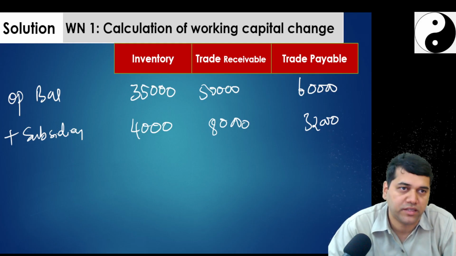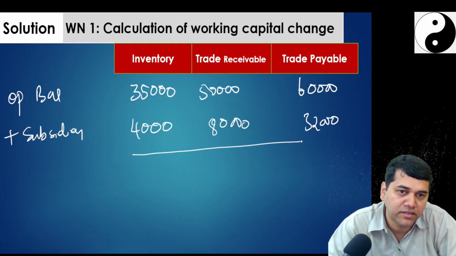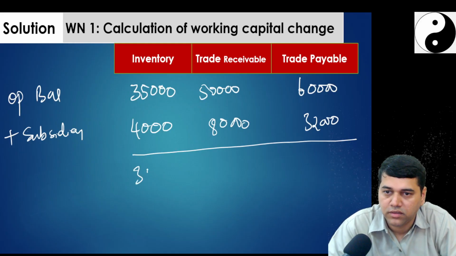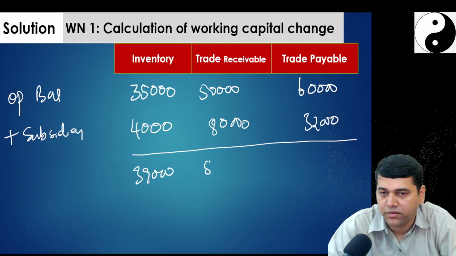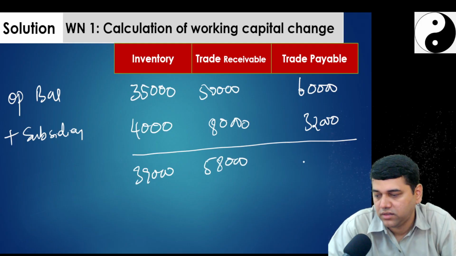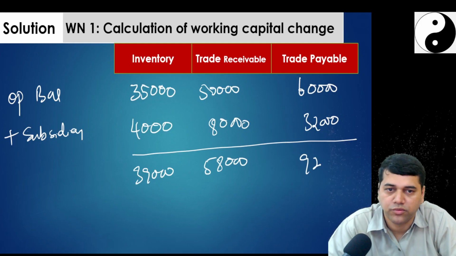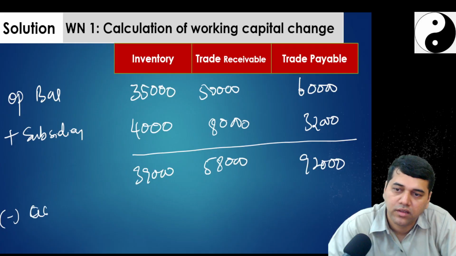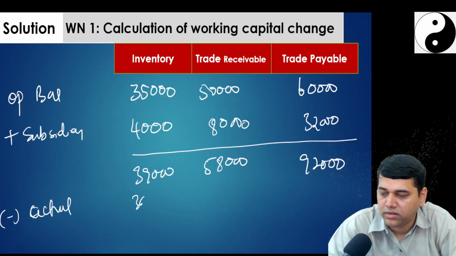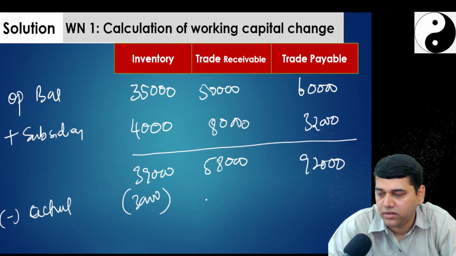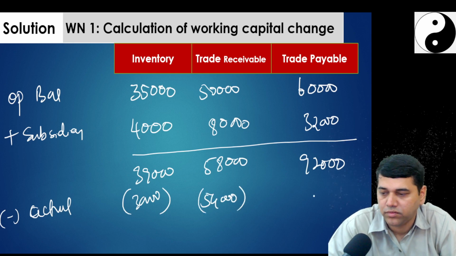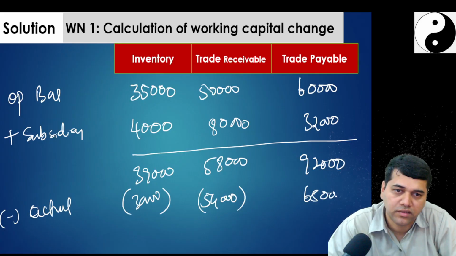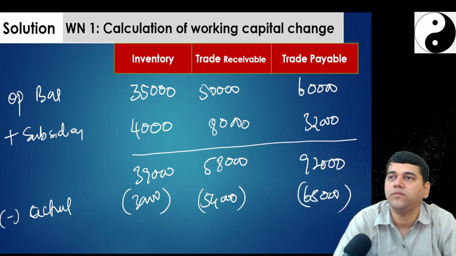If this was the case, what should have been your closing balance? 39, 58, 92. But what is your actual balance? 30, 54, 68. Followed, no?